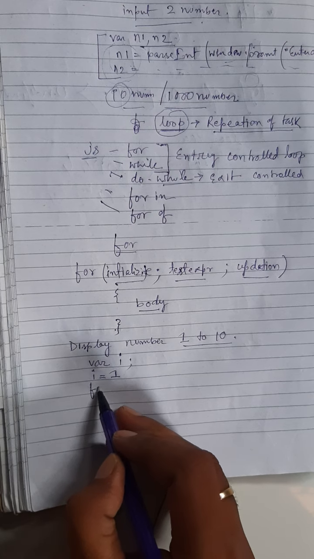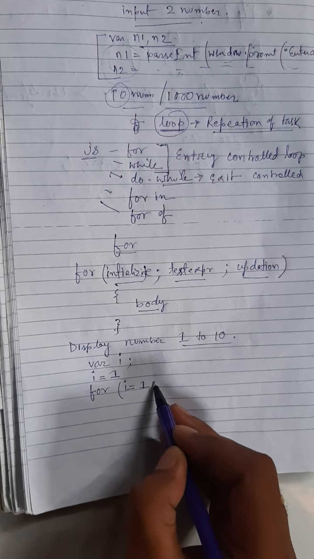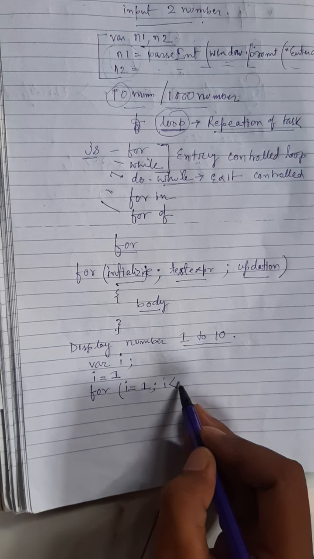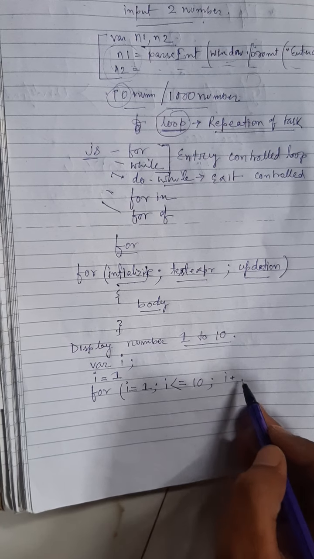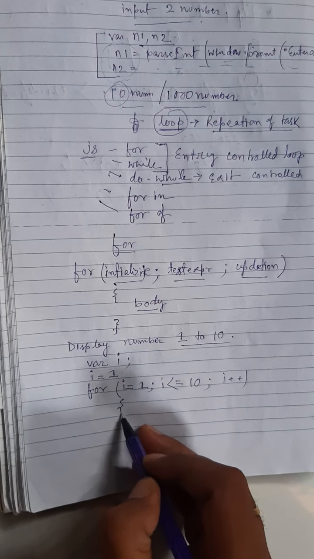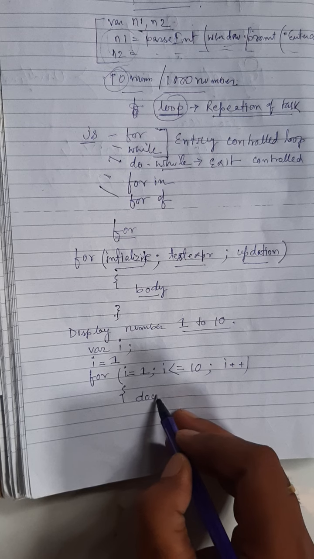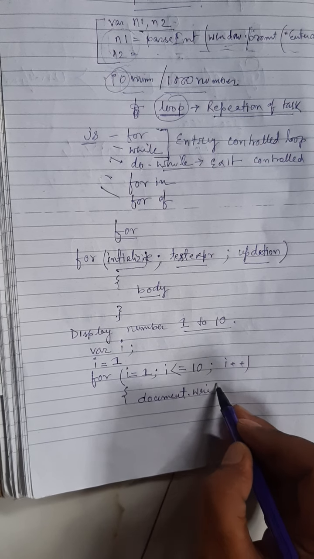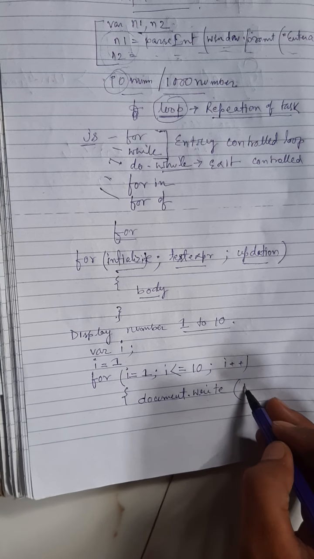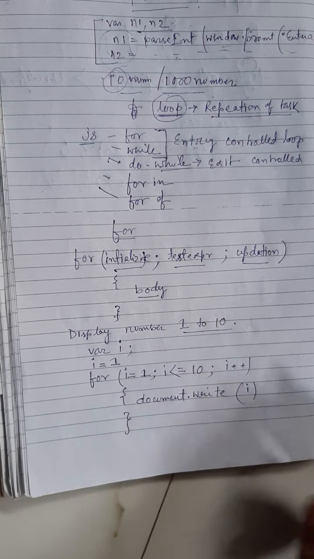Then we'll run the loop for i equals 1, i less than or equal to 10, and then i plus plus. Within the curly braces, we can display in any way, either document.write or alert. That is up to our choice.